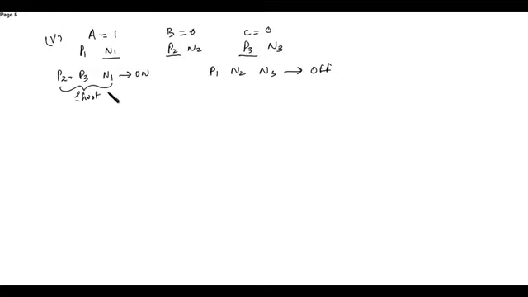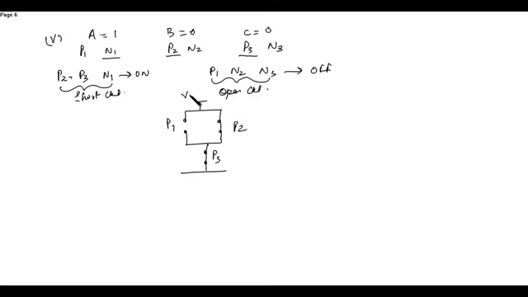So this is again represented by short circuit, and this is represented by open circuit. So now short circuit means P1 is open, so this is open. P2 and P3 are shorted. So this is P3, this is P2, and this is VDD.